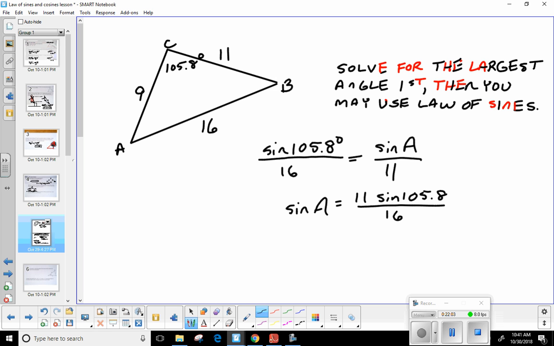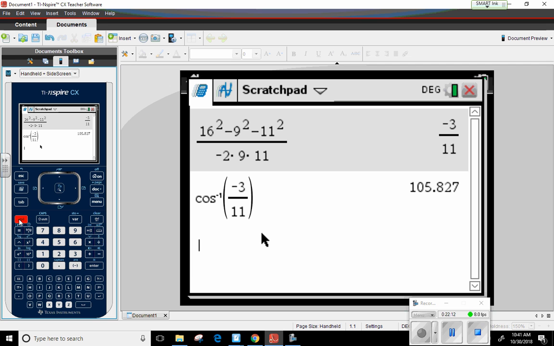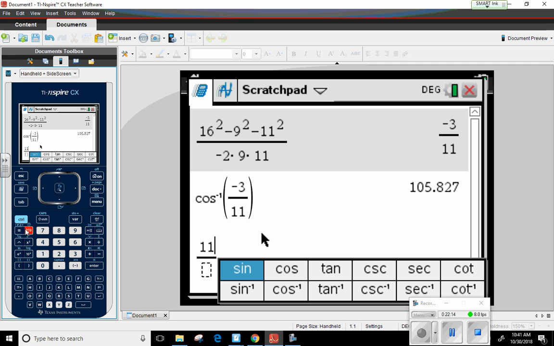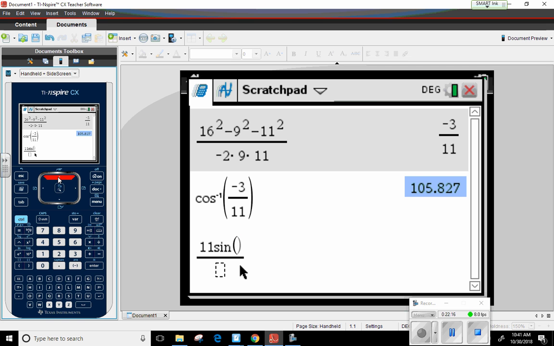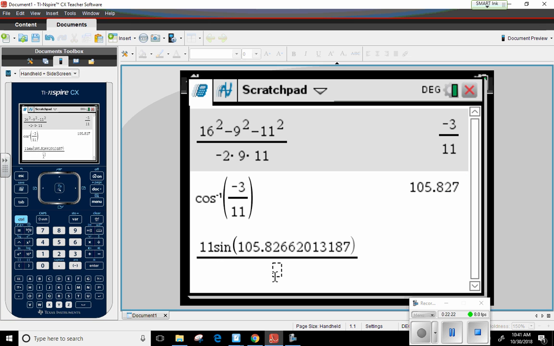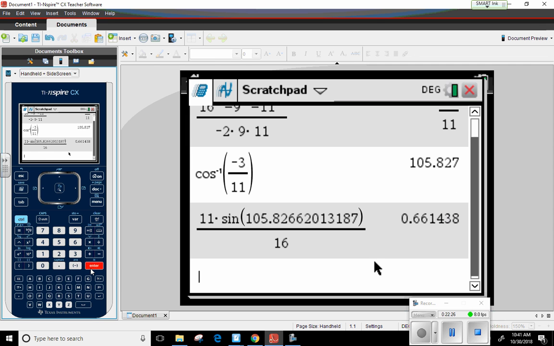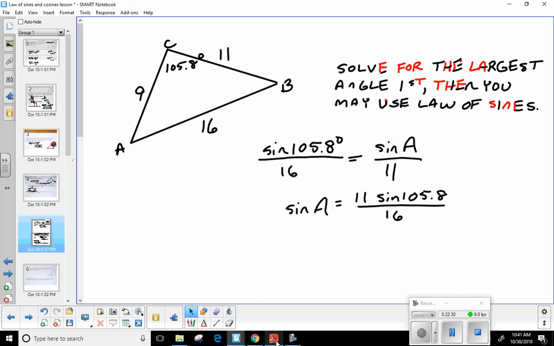So now, again, I've written 105.8 because I'm giving that as my answer, but remember, I still have that value in the calculator. So I'm going to come on over here, control divide. So we have 11 sine. I'm going to go ahead and use that angle measure that we previously had. Again, I'm not using my rounded version. Divided by 16. Okay. So this is what sine of A should equal. 0.6614.